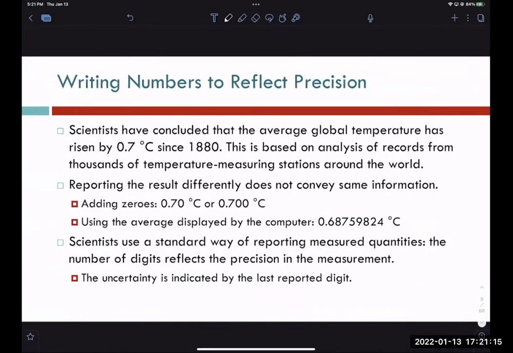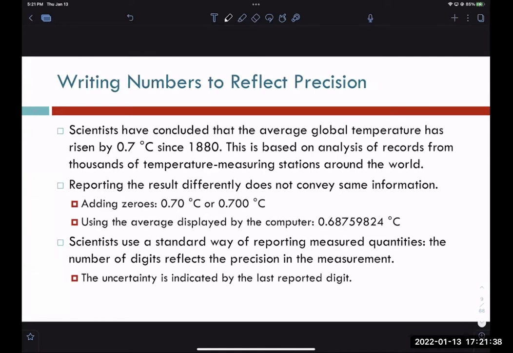So for one example, scientists have concluded, actually this is probably from 2016 or so, that the average global temperature had risen by 0.7 degrees C since 1880 when they started tracking it. And that 0.7 degrees C is reported like that because that's as far as they can be sure of.